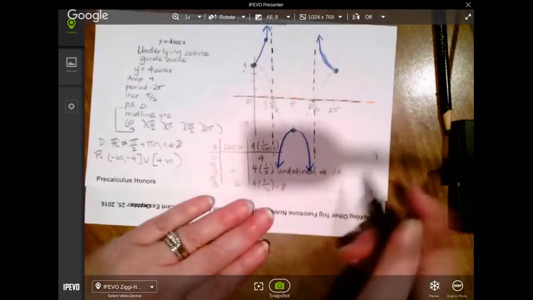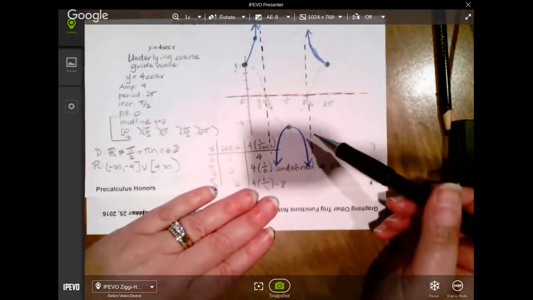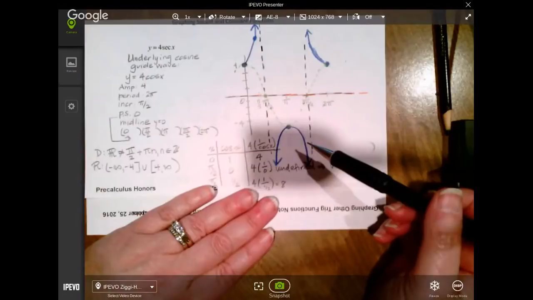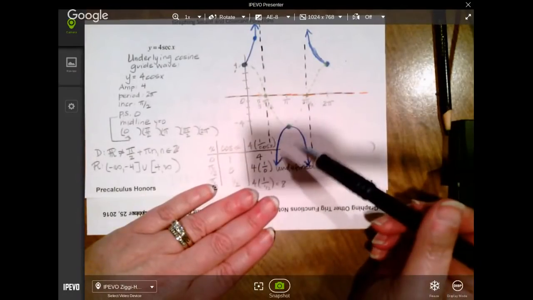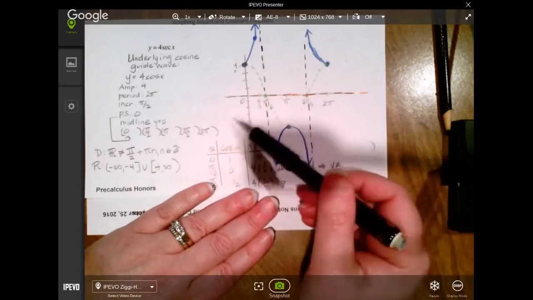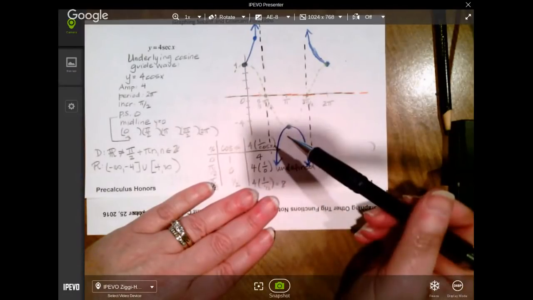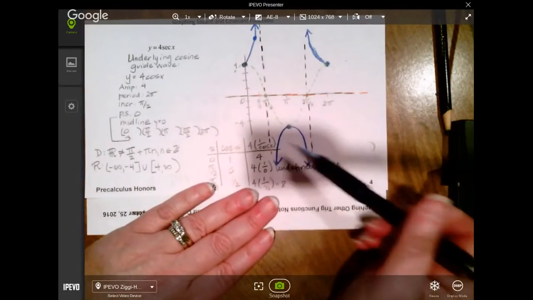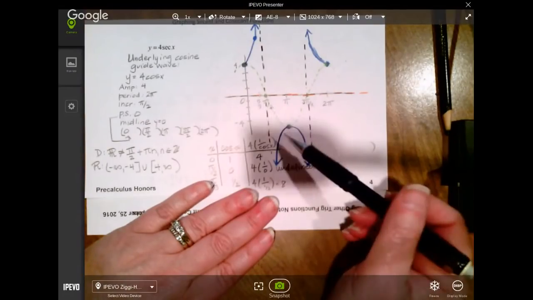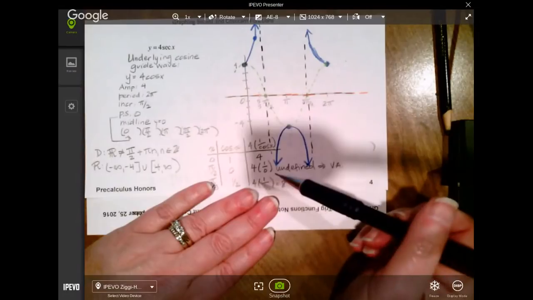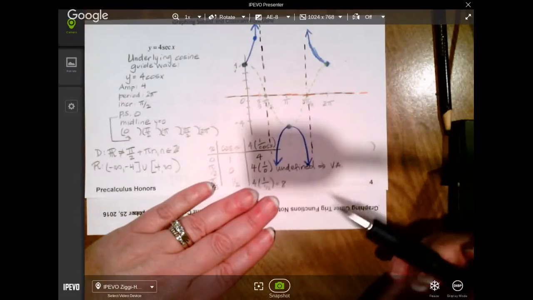All right, this function, like sine and cosine, does not have end behavior limits. They have vertical asymptote limits. Tangent and cotangent are just increasing or decreasing.